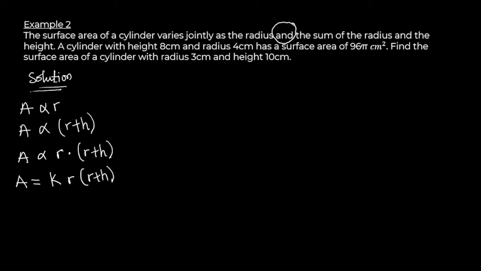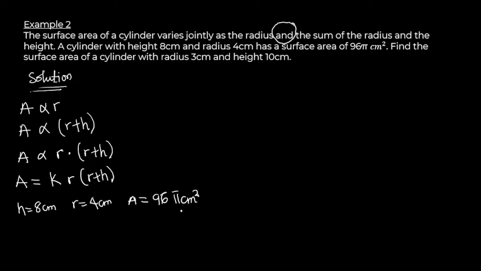So let's continue with the second aspect of the question. We have a cylinder with height 8 centimeters and radius 4 centimeters. In that case, the area is 96 pi centimeters squared.